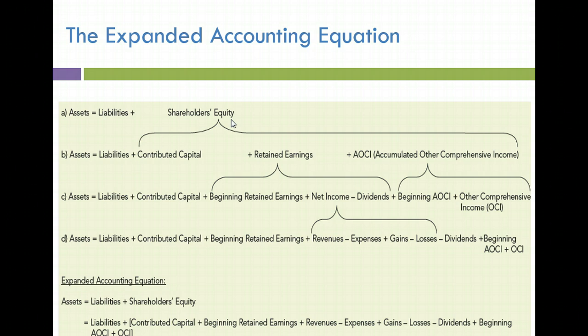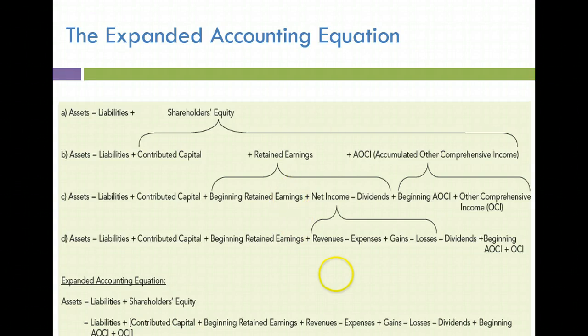We show the contributed capital, the stock that was issued, that we received money for, plus the retained earnings section, which is a result of whatever the beginning balance is, plus any net income from the period minus any dividends. And then we break it down further to show what is net income. Well, net income is revenues minus expenses plus gains minus losses. They flow into the shareholders' equity section.